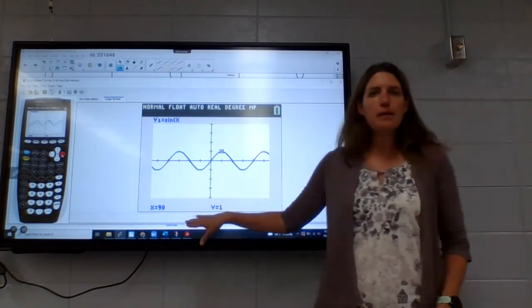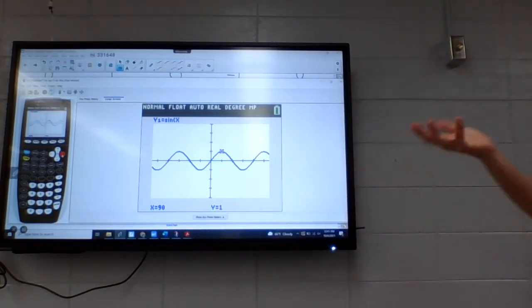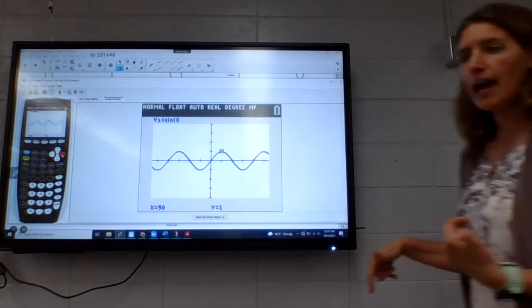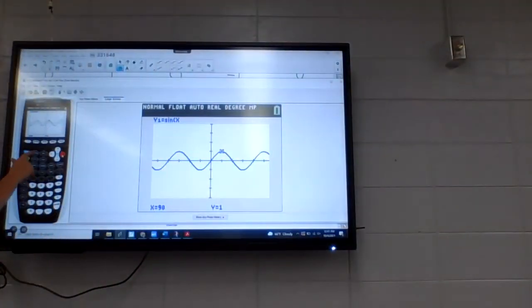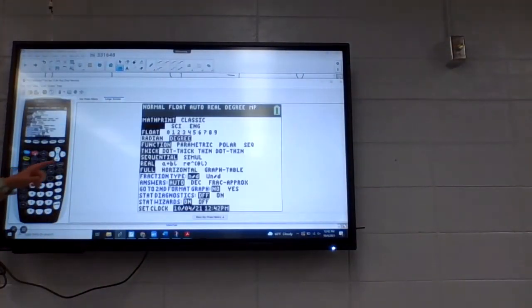Now, this is if I'm in degree mode and I do that zoom trig. I can switch back to radians as well. Radians should also work. Let me just show you guys that. Radians isn't a bad thing actually with graphing a lot of times.